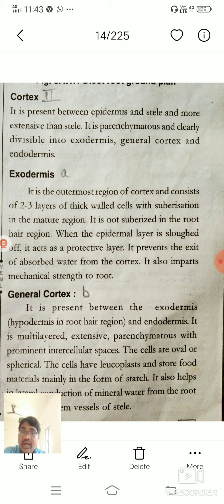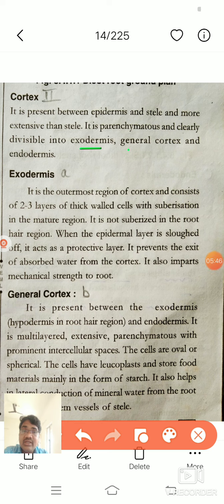It is parenchymatous and clearly divisible into the exodermis, general cortex and endodermis. It is made up of parenchyma cells.